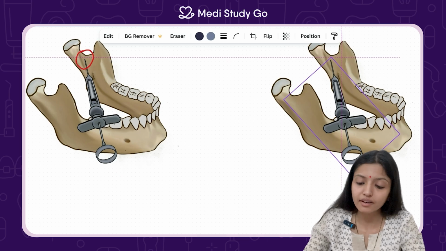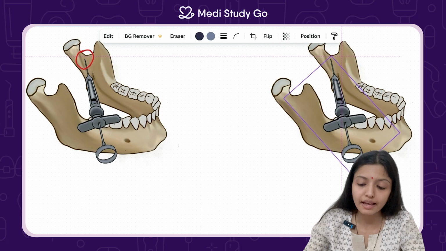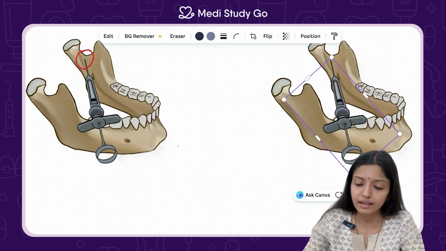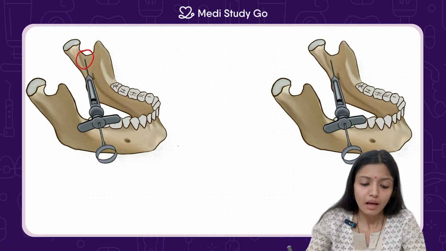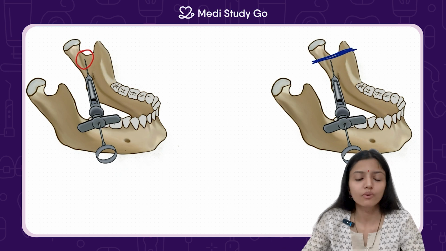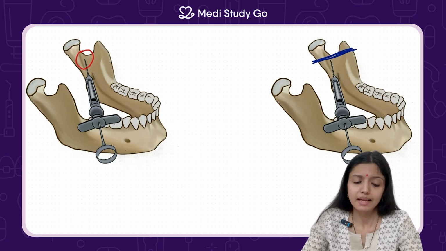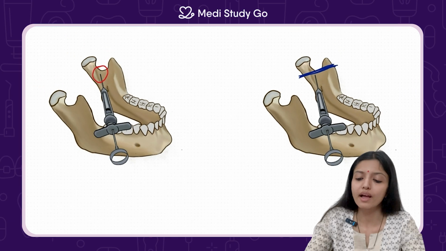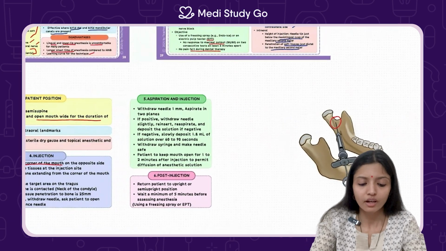So just lateral to the condyle, on the lateral aspect of the condylar neck, just below the insertion of your lateral pterygoid muscle. This is where you are going to insert your needle. You definitely rotate the needle in two planes, and then you aspirate it. When the aspiration is negative, you go ahead and inject your nerve block.